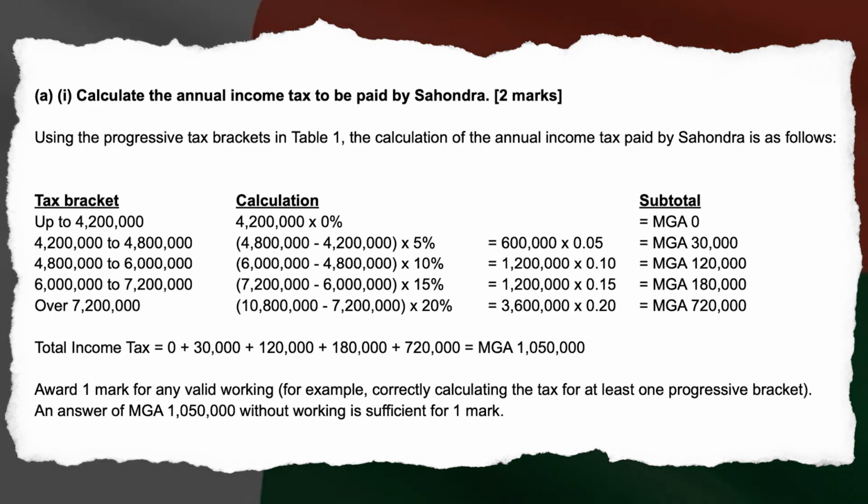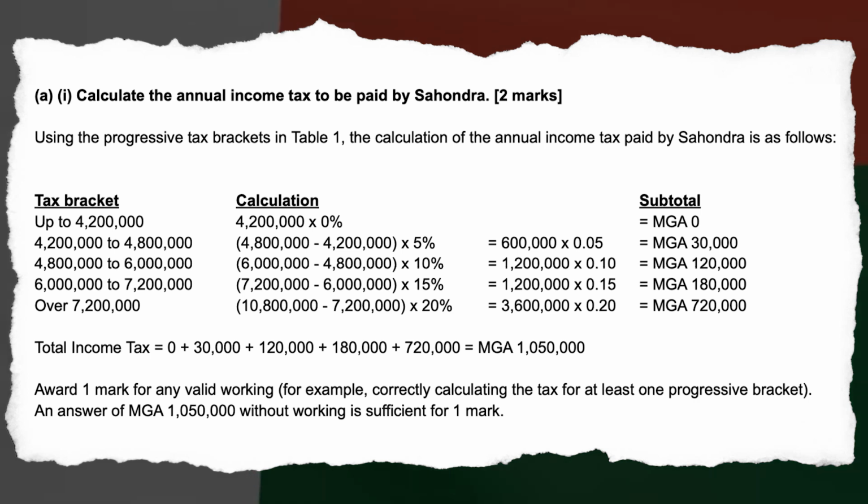A1. Calculate the annual income tax to be paid by Sahandra. 2 marks. Using the progressive tax brackets in Table 1, the calculation of the annual income tax paid by Sahandra is as follows. Therefore, calculation of total income tax equals 0 plus 30,000 plus 120,000 plus 180,000 plus 720,000 equals MGA 1,050,000.